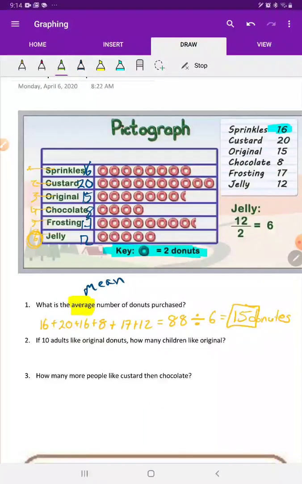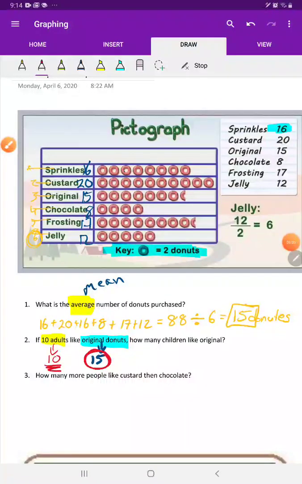All right, but now what if the question is instead asking us about one specific kind of donut? So in this case, it's asking about original donuts only. There's no other option. So we have to think about that. What's my number for original donuts? 15. And what's my number for adults? 10. See that? So 10. So now, how many children like original? If there are 15 donuts in total and 10 adults like it, how many children like it?